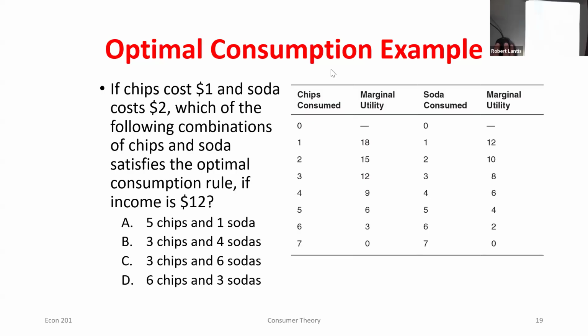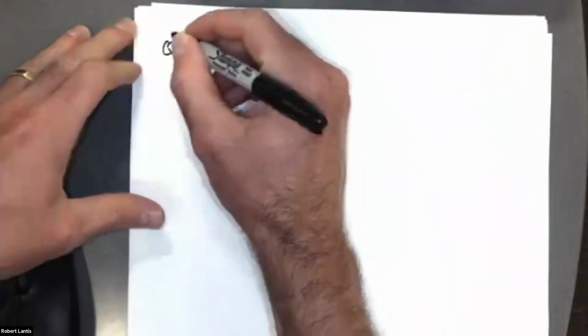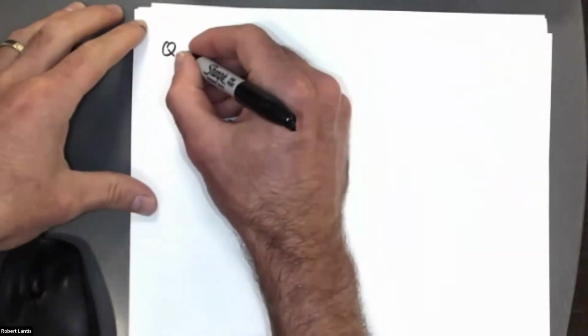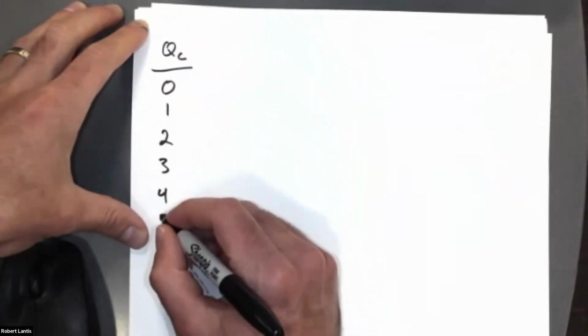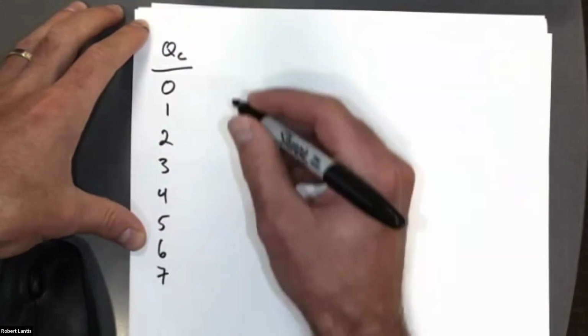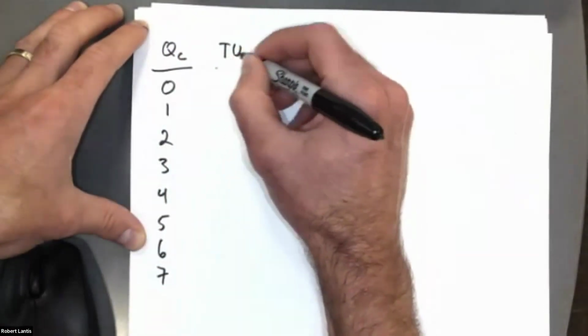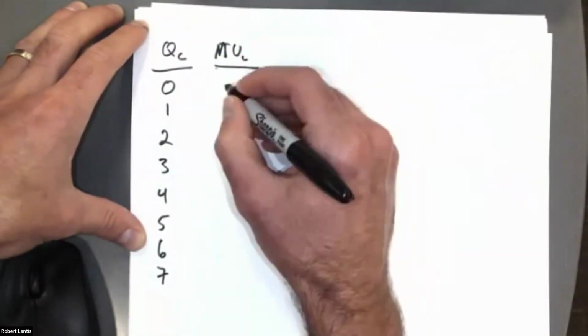Okay. So if we had this set up, I'll kind of write this out for us. I'm going to flip this. So we've got quantity, and I need to pull this up at least so that I can see it to write these down. So you've got the quantity of chips, so 0, 1, 2, 3, 4, 5, 6, 7. You've got the marginal utility from chips.